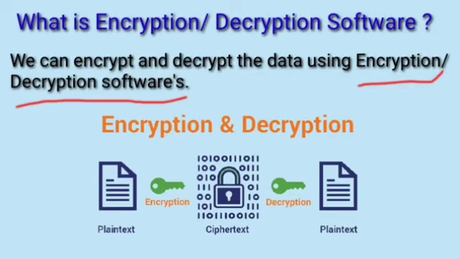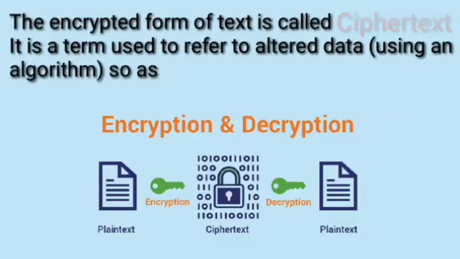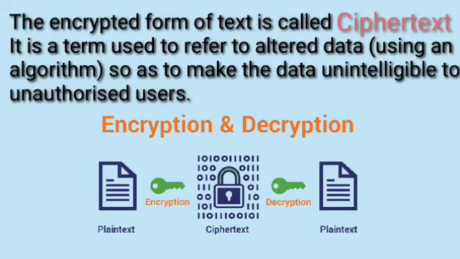So that conversion technique is called encryption and decryption. The format of the text which you get after encryption is called ciphertext. Ciphertext is a term used to refer to data which is encrypted using some kind of algorithm techniques, so that it is not readable by any unauthorized person.